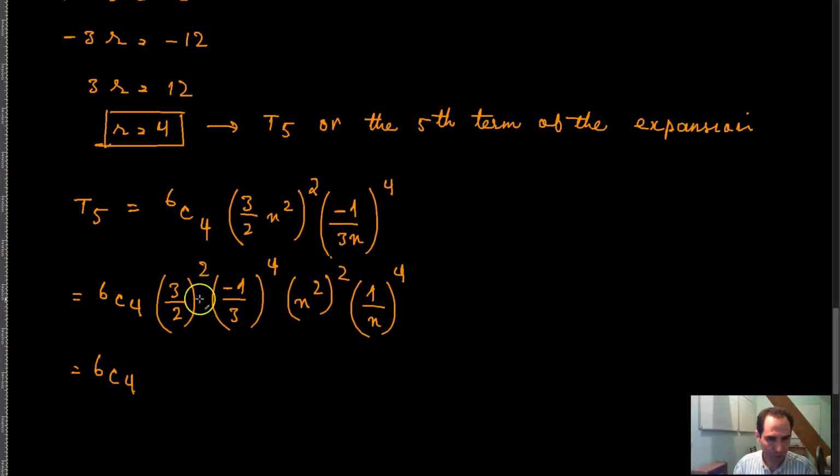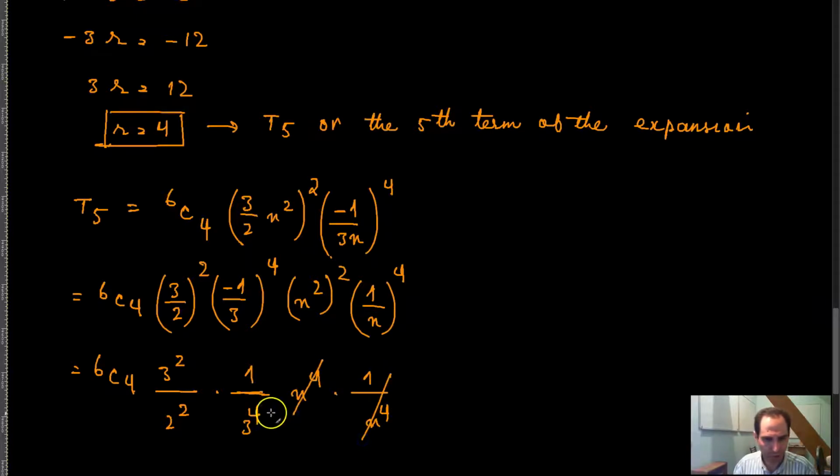So that is basically 3 raised to the power 2 over 2 raised to the power 2 times 1 over 3 raised to the power 4, right? And then you have x raised to the power 4 times 1 over x raised to the power 4.